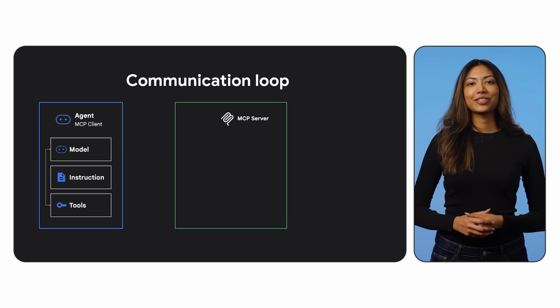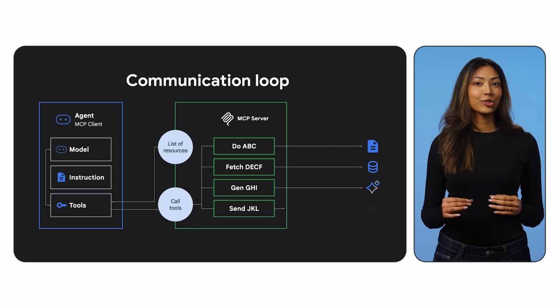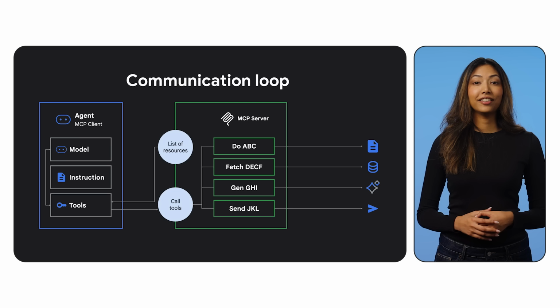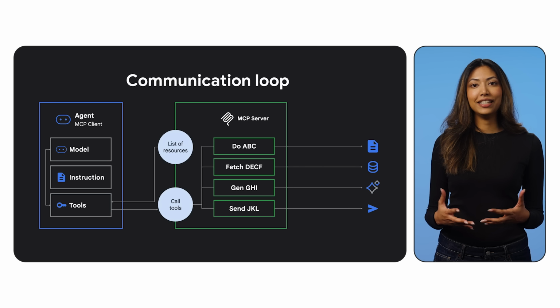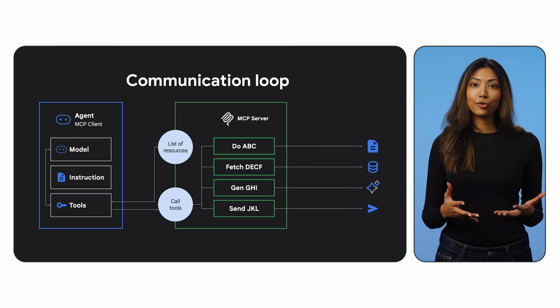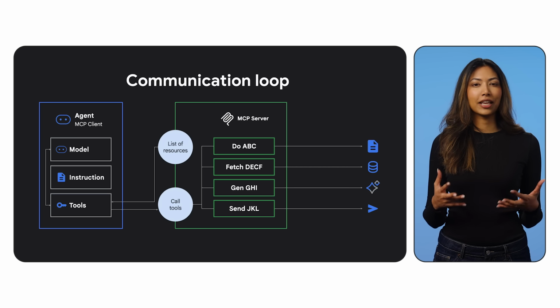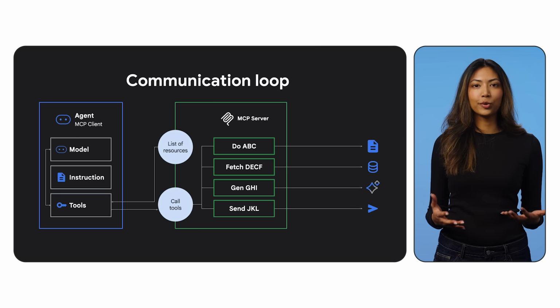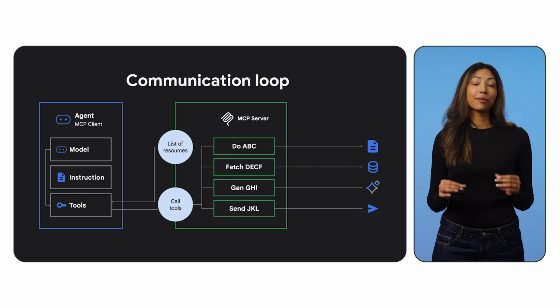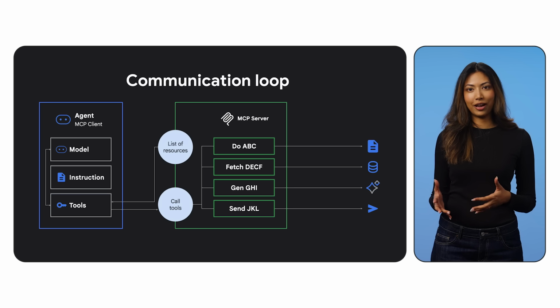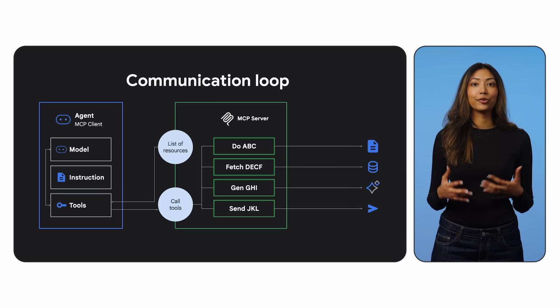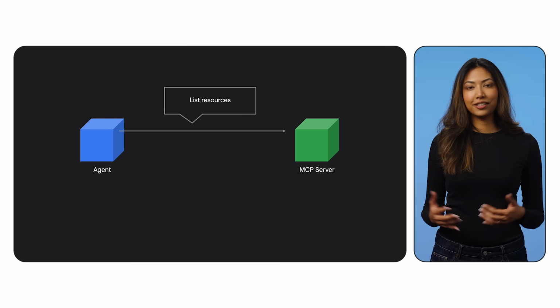When the client connects, the server doesn't just respond with data. Instead, it advertises what capabilities it supports, what resources exist, what actions can be taken, and what inputs are required. This means the model doesn't need to be pre-programmed with every API or every endpoint. It can dynamically discover them.